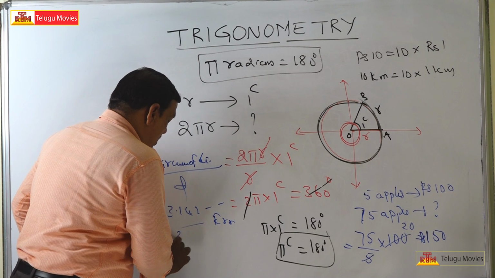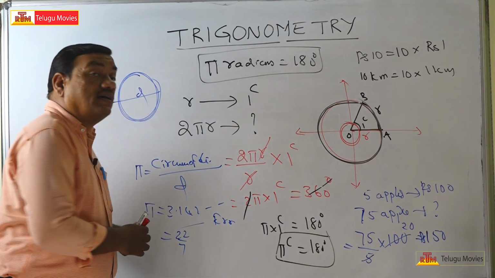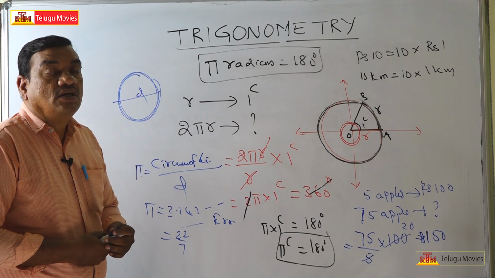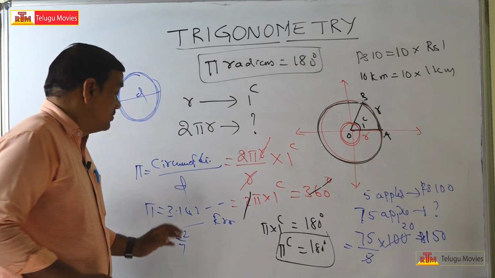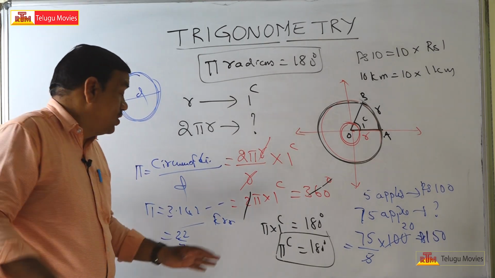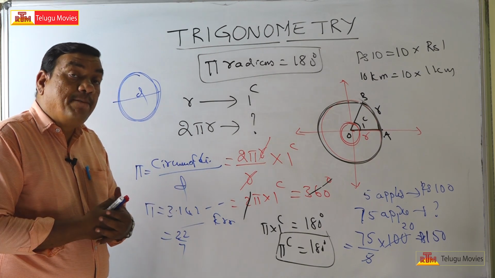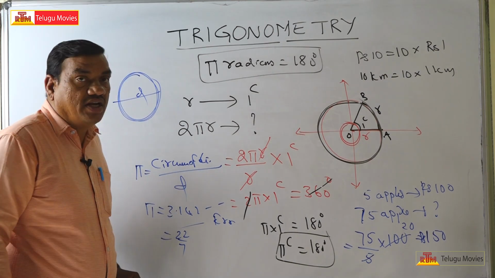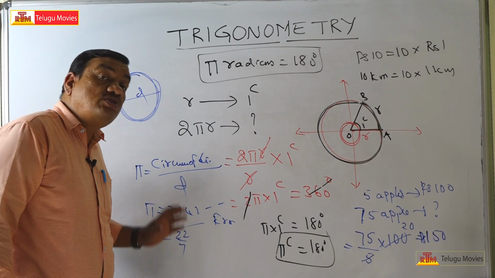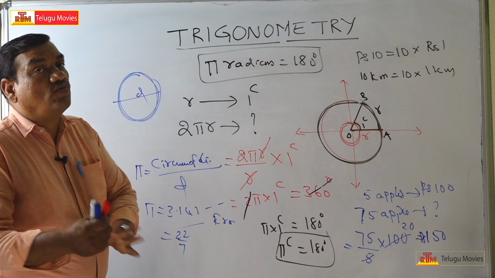Our approximate value is 22 by 7. For calculation purposes, one number should be there. This is actually 3.1478 and it goes on, which is an irrational number, but for approximation, generally we have taken 22 by 7, whose expansion is approximately 3.14.